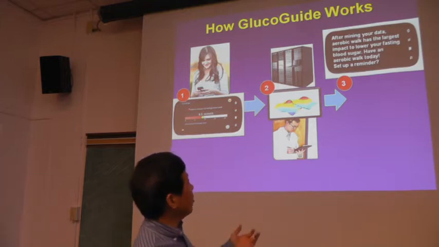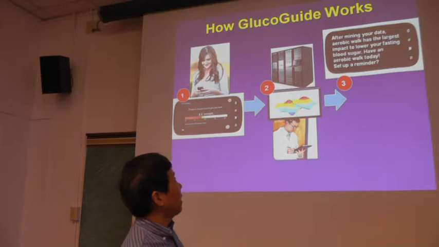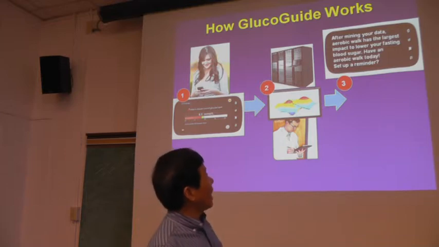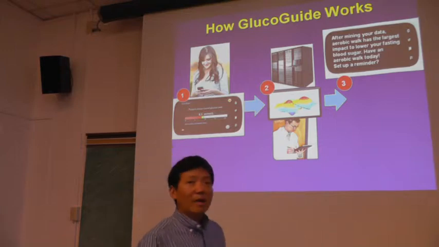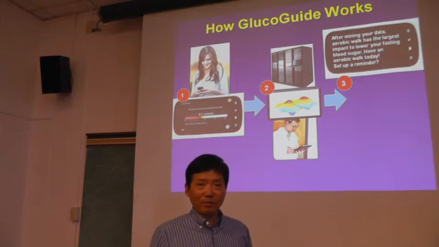So for example, this one will say, after mining your data, aerobic walk has the largest impact in lowering your fasting blood sugar. Have an aerobic walk today, set up a reminder.